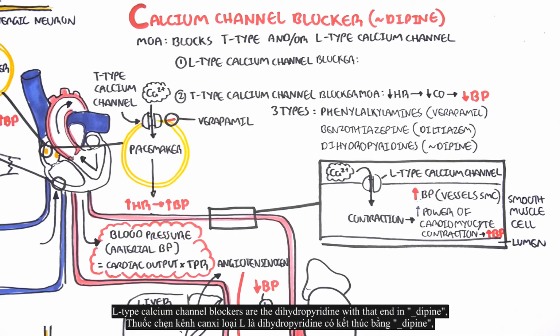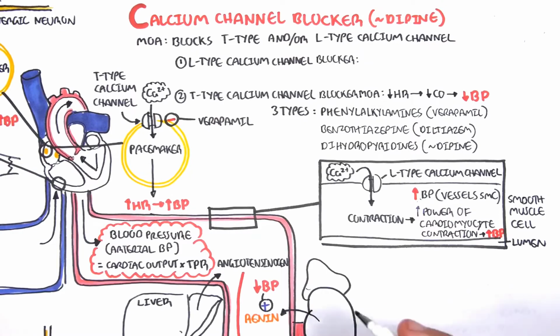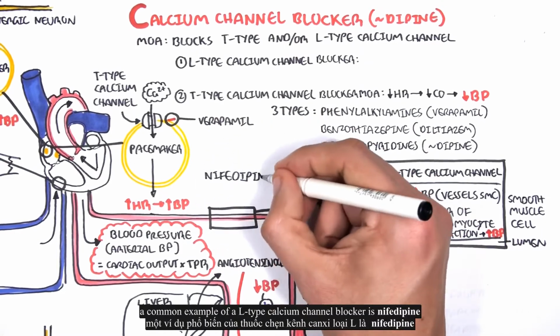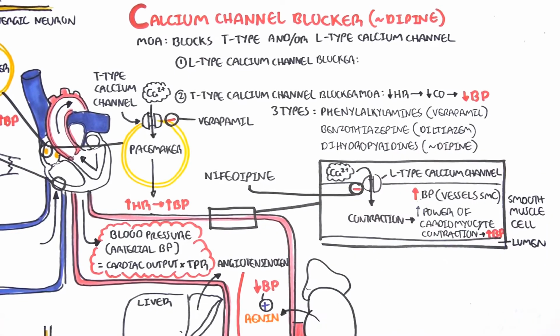L-type calcium channel blockers are the dihydropyridines that end in dapine. Some of the drugs from the dihydropyridines also block T-type calcium channels, and so are also part of the T-type calcium channel category. A common example of an L-type calcium channel blocker is nifedipine.